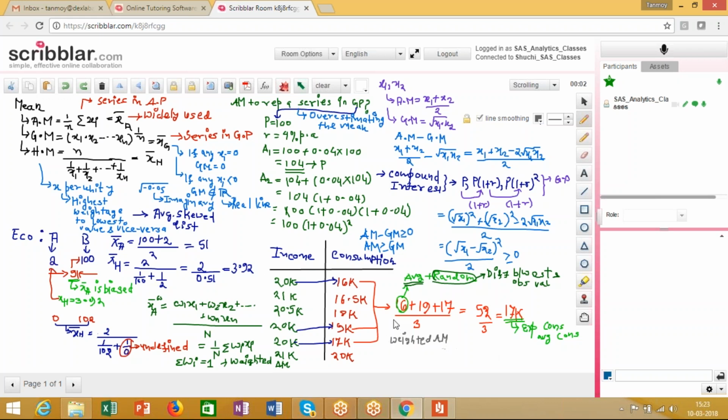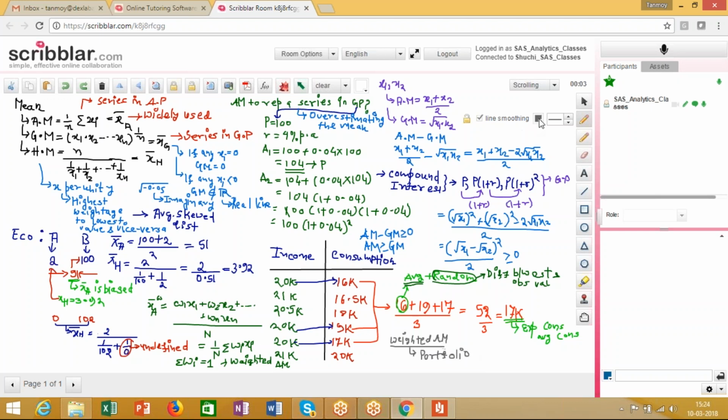Right. Now, when I talk about weighted arithmetic mean, what we'll explore over here is the concept of portfolio PDs. First of all, let us define what exactly a portfolio is.